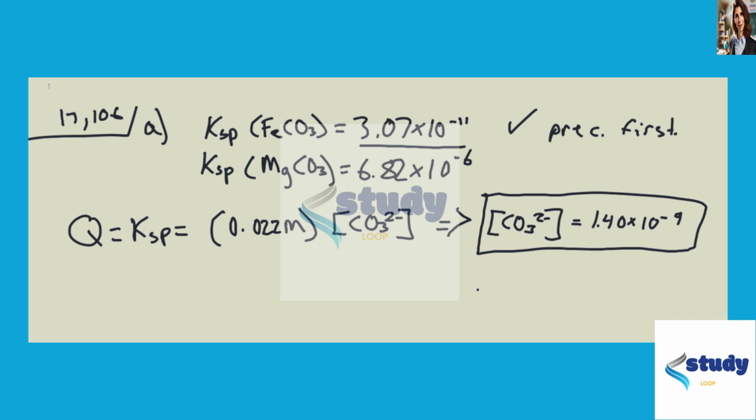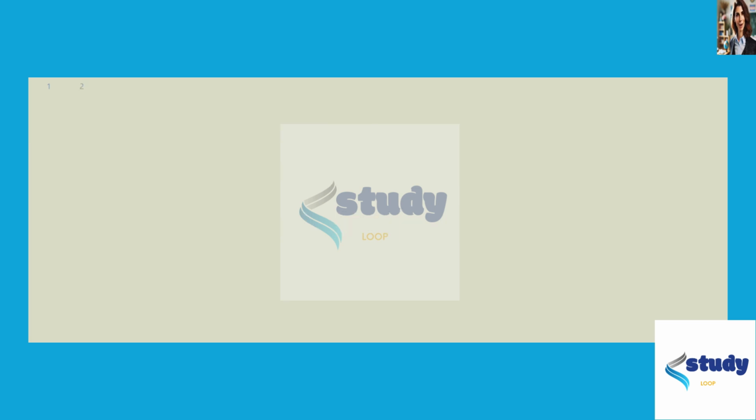Now, for the second part, they're asking us what is the concentration of iron when magnesium starts to precipitate? So after we've increased the concentration of carbonate enough so that magnesium starts to precipitate, what's the concentration of iron left in solution?